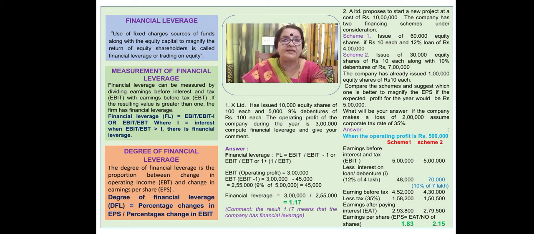So 48,000 is deducted, and at the same time 70,000. So from EBIT, we have deducted the interest, so we got EBT.